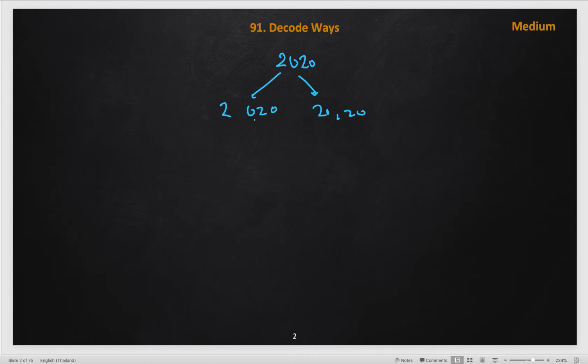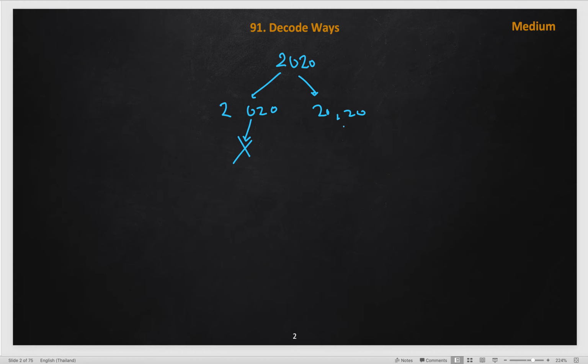Now, if you see further, we got 0 and 0, which do not have any mapping; we have only mappings from 1 to 26. Hence this does not continue, because we can't decode by taking the first 2 as a single character and continuing. But from the 20 branch we can continue.